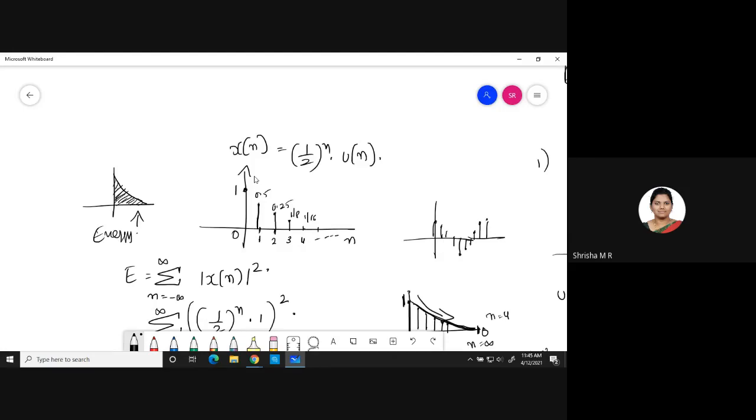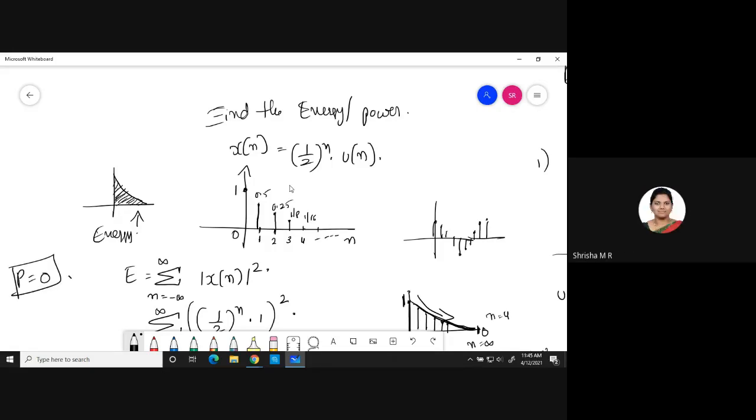Sometimes, rarely, they will give you find the energy or power of the given signal. At that time you have to find the energy. And what is the power of an energy signal? Zero, ma'am. Power will be 0.